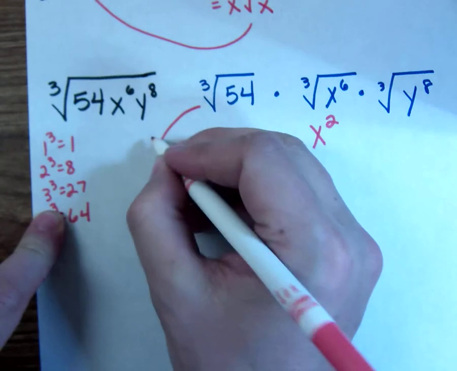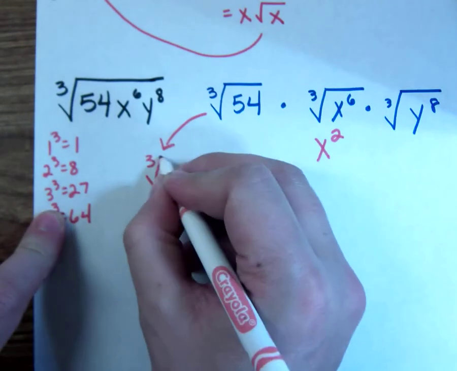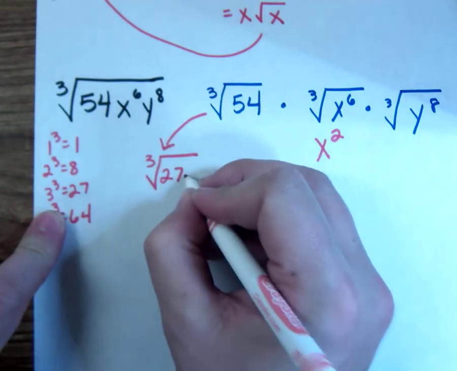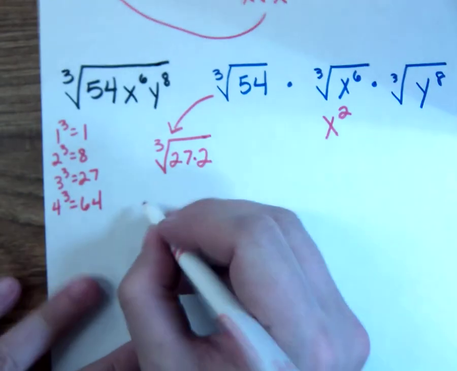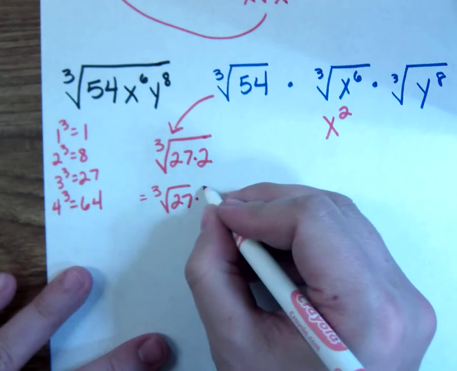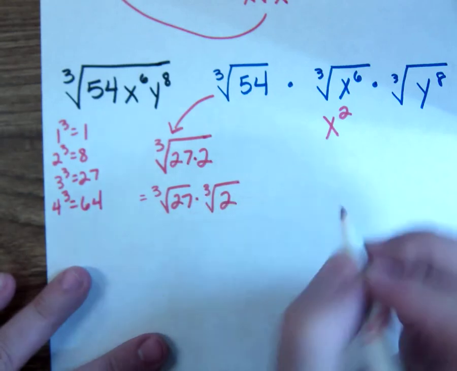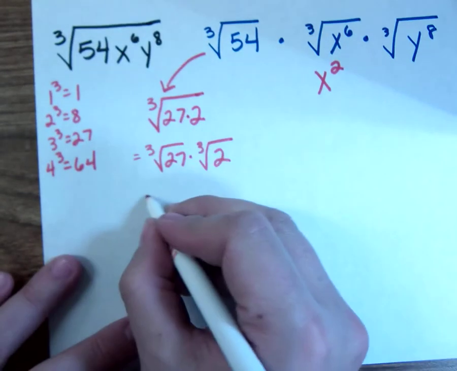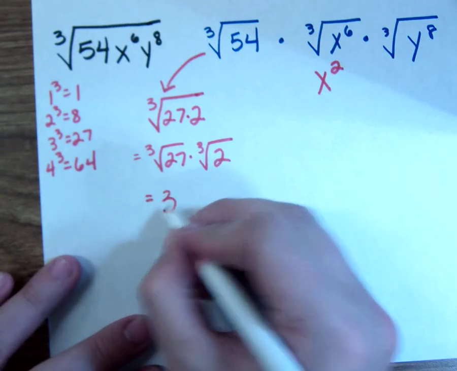So I'm going to write this as the cube root of 27 times 2. 27 times 2 is 54. So that'll be the cube root of 27 times the cube root of 2. And the cube root of 27 is 3.